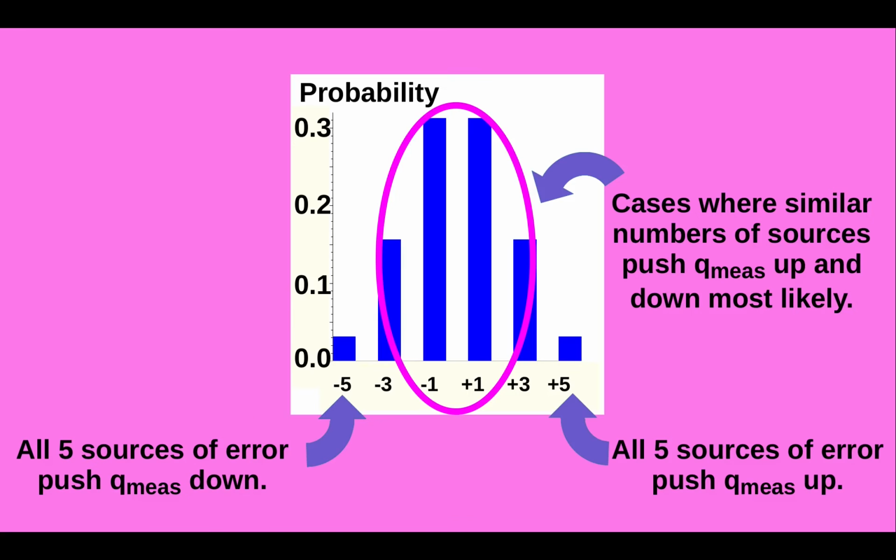And that means that in a measurement, it is most likely that the number of sources of error that push Q measured up and the number of sources of error that push Q measured down will be similar. It is unlikely that all or almost all of the sources of error push in the same direction.